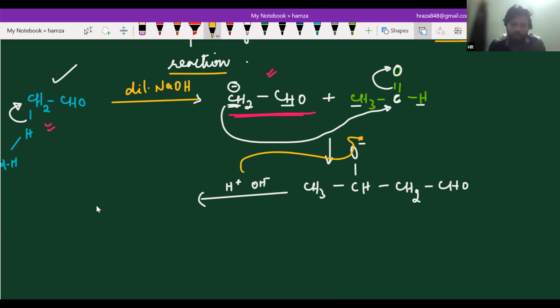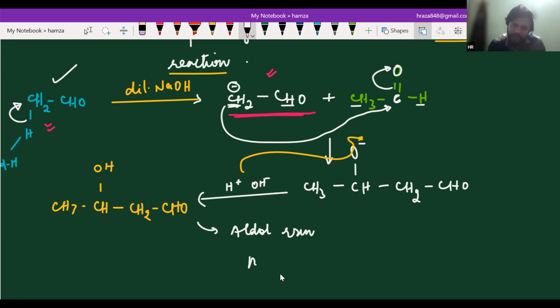So what we got is CH3, CH, CH2, CHO, and this is your OH. Yes or no? So this reaction is known as aldol reaction, or we can say beta hydroxy aldehyde.